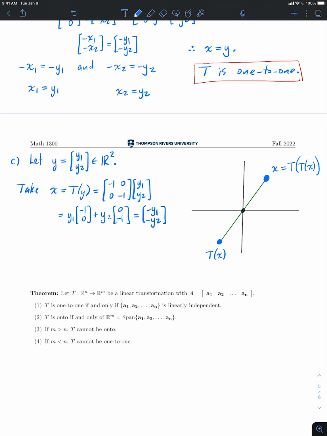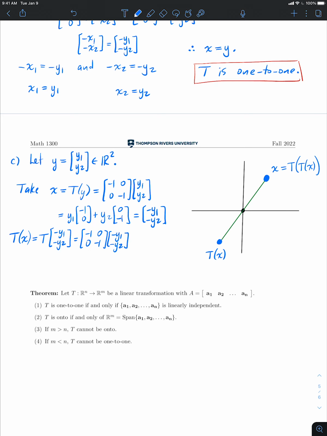So that's what your x is going to be. Now let's take T of x, which is T of negative y1, negative y2. Applying the standard matrix, this is negative 1, 0, 0, negative 1, multiplied by negative y1, negative y2.